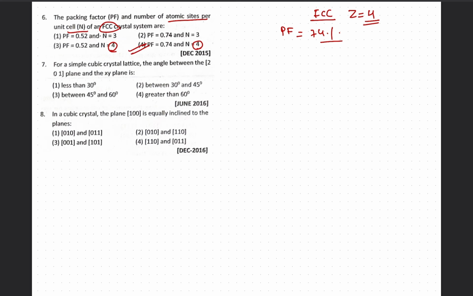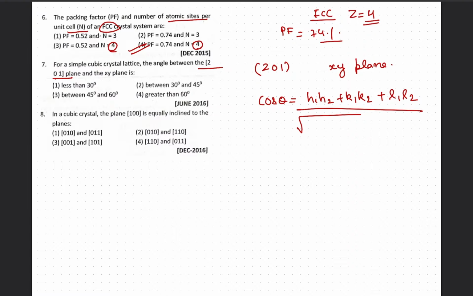For a simple cubic lattice, the angle between the 201 plane and the xy plane, you have to find the angle. We know the formula of angle, it's cos theta equals h1h2 plus k1k2 plus l1l2 divided by under root of h1 square plus k1 square plus l1 square multiplied by h2 square plus k2 square plus l2 square, right? Now this is h1, 0 is k1, this is l1.